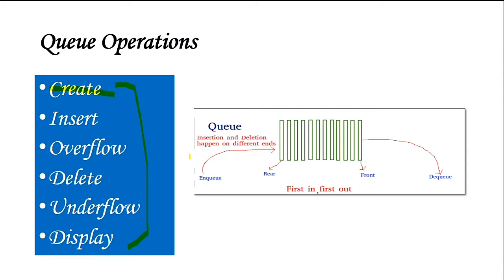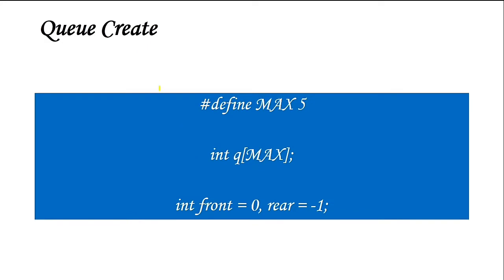So how can we create the queue? We can create the queue like this. Initially we need to define a maximum size, just as in your stack you set the maximum size, and then you define a queue, that is, I have declared the variable as queue and I have specified the size as maximum.